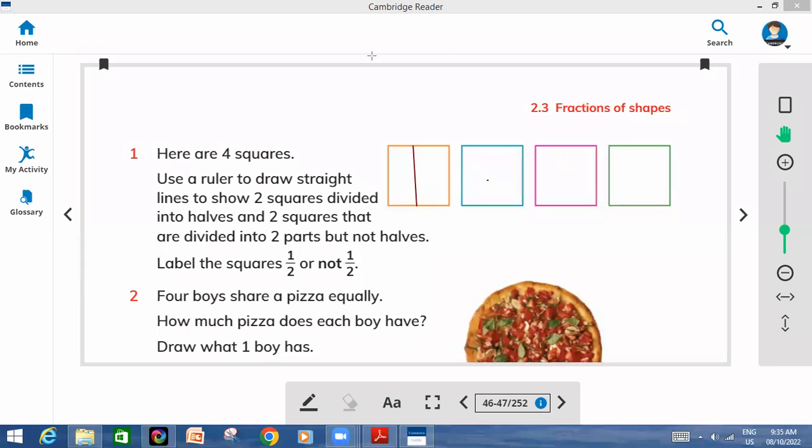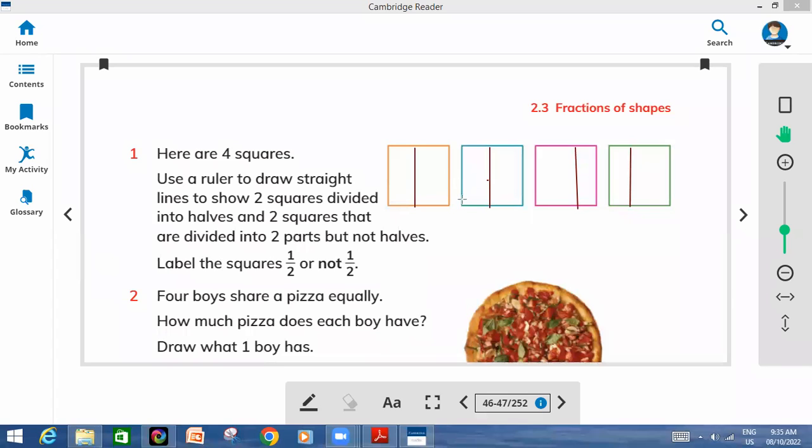Just a minute. So two are half equally and two are not going to be half. So this is half fairly. The two sides are equal, the same.